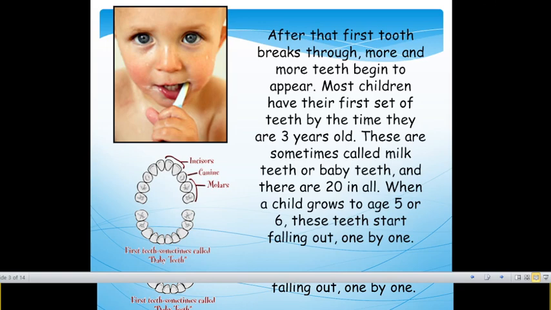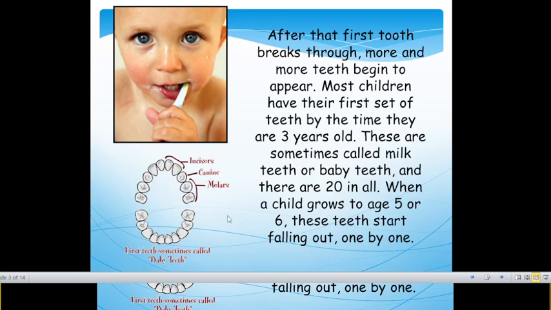In this sideways image, there are the central incisors, canine, and then molars. Here also you have central incisors, lateral incisors, canine, and two molars, first molar and second molar. The upper is the maxillary arch and the lower is the mandibular arch. So this is the left quadrant and the right quadrant, and so on.